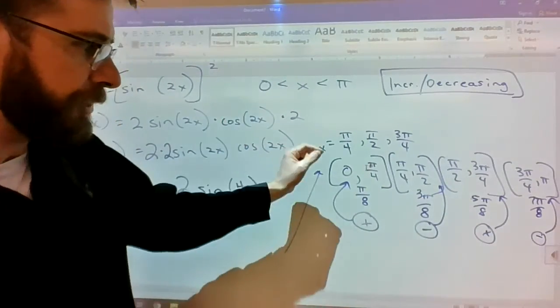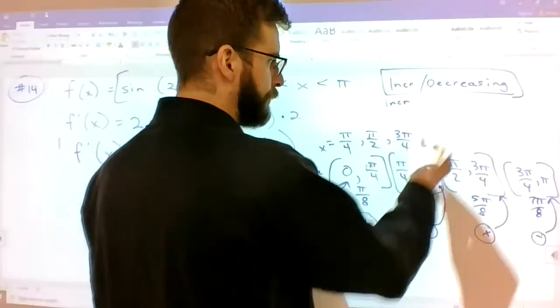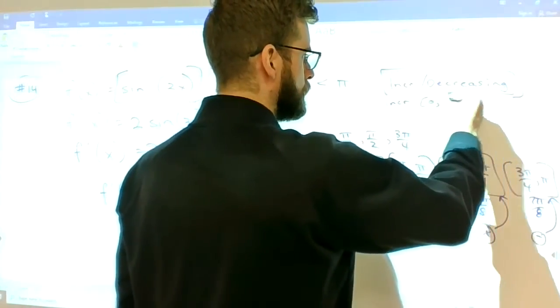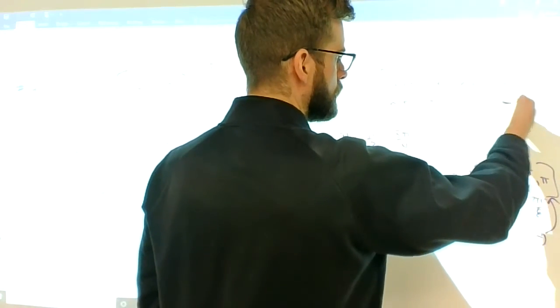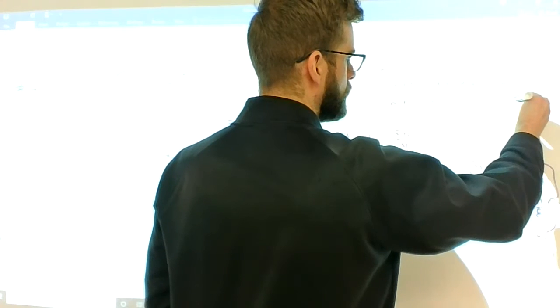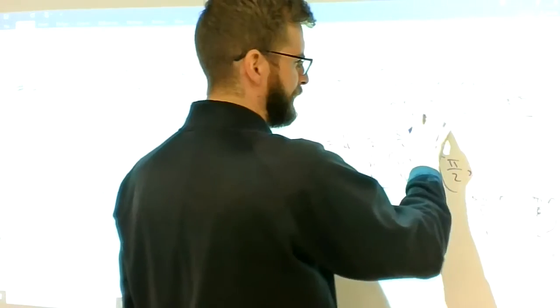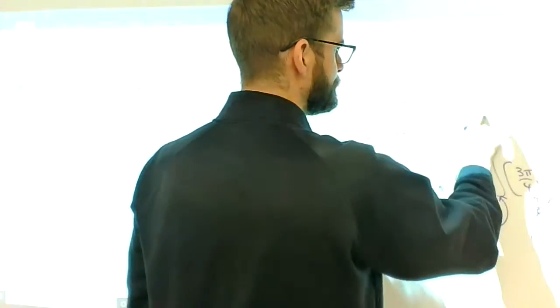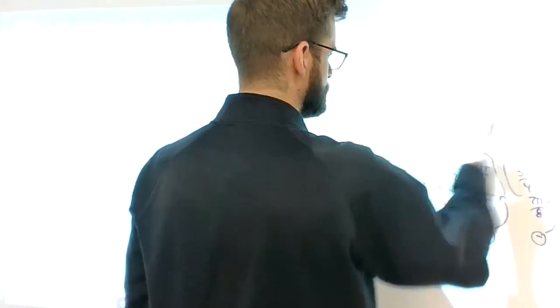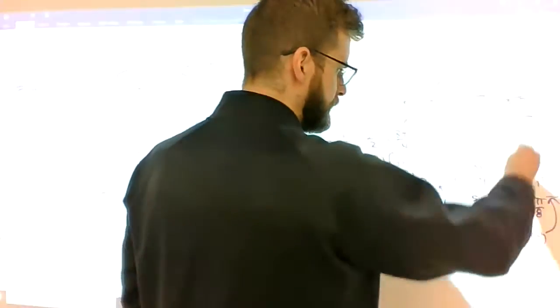Okay, so you're increasing from 0 to pi over 4, and pi over 2 to 3 pi over 4. And you know what? I'm going to put a parenthesis around my 0 because it's not inclusive there. All right, so it's increasing here.